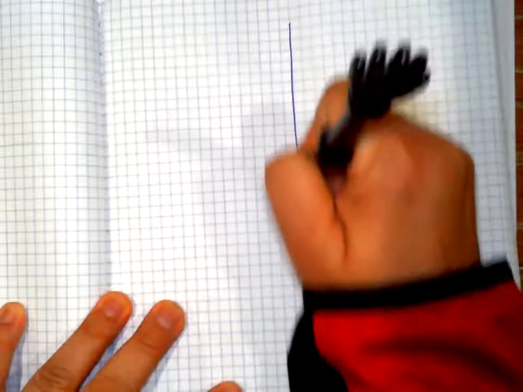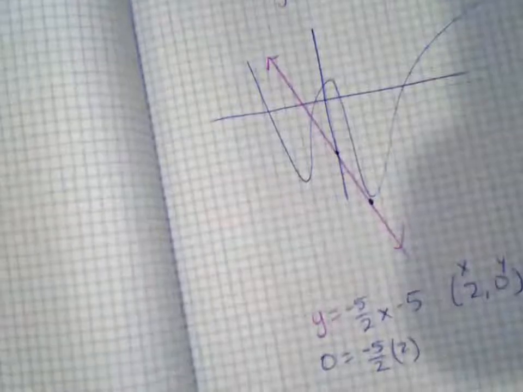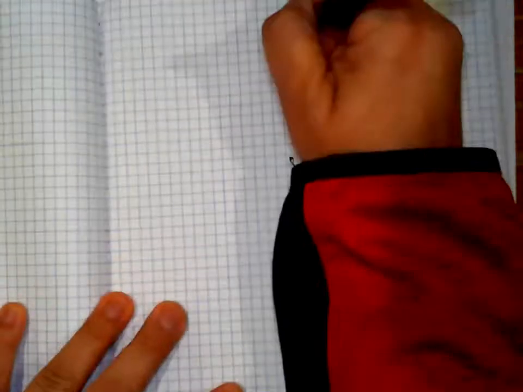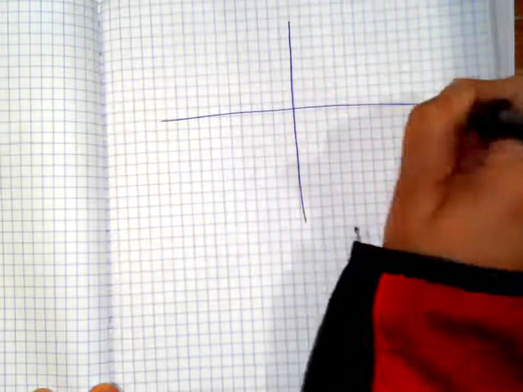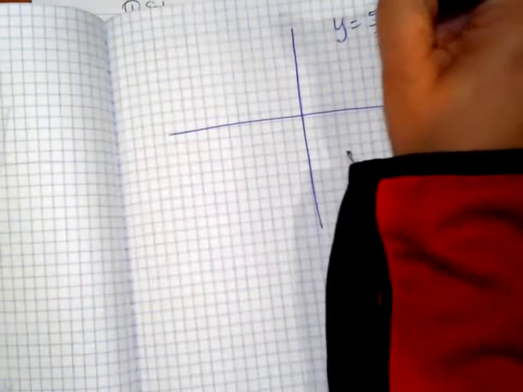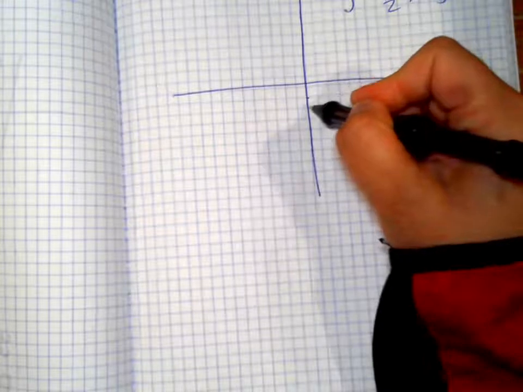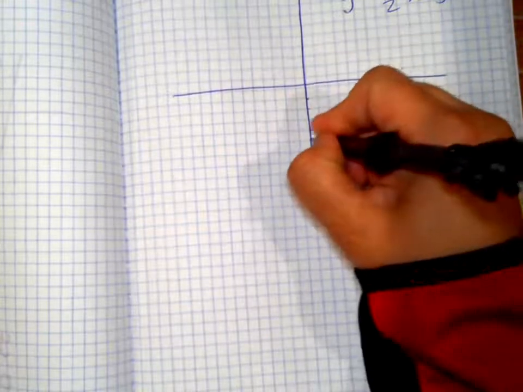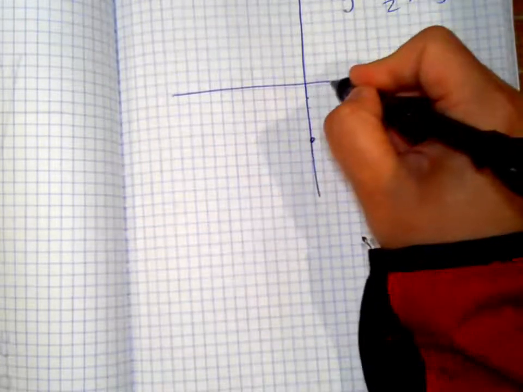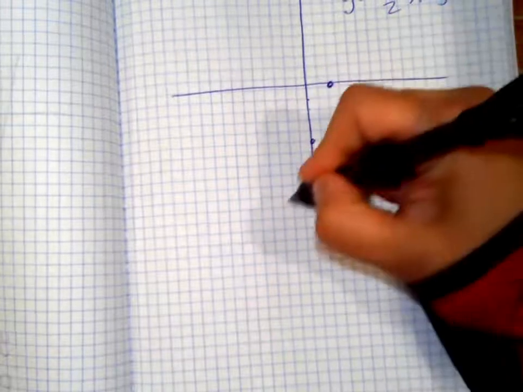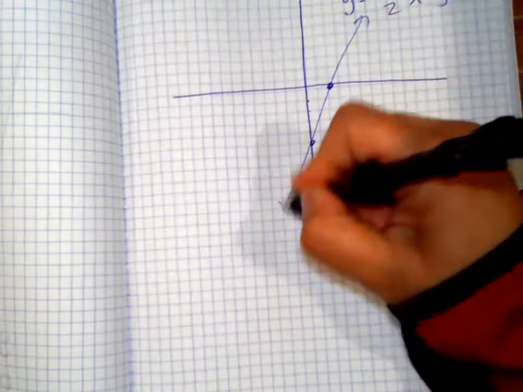My slope, one of you guys needs to chime in here and catch it when I make a mistake. So y equals 5 over 2x minus 5. So again, starting at negative 5, 1, 2, 3, 4, 5. I'm going up 5 and over 2. My line looks like that.